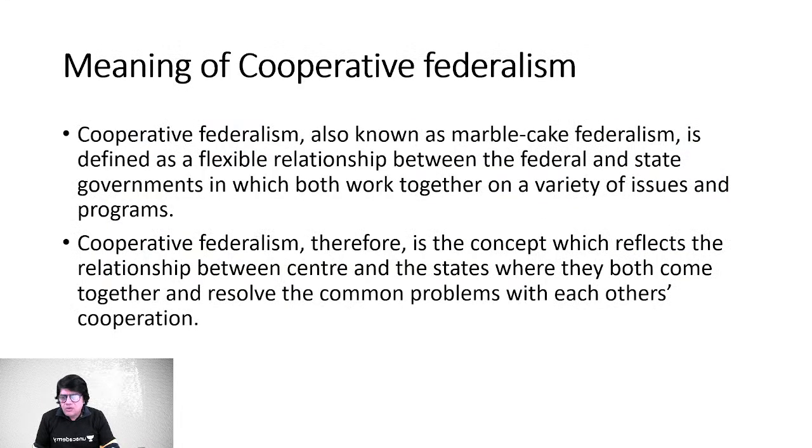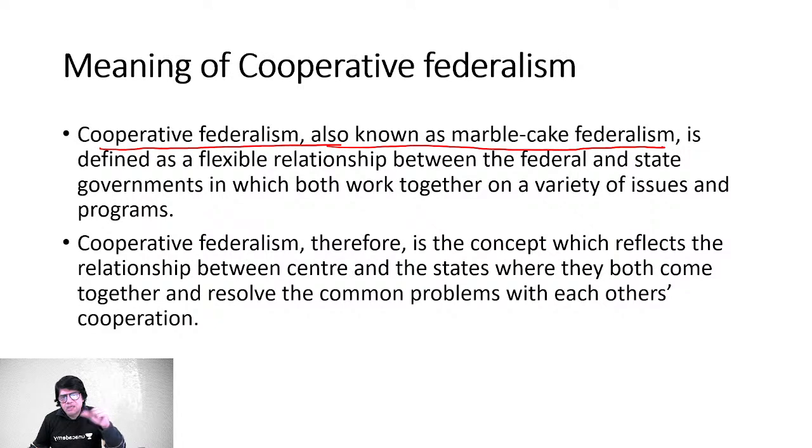So first of all, let us understand the meaning of cooperative federalism. जैसा कि हम यहाँ देख रहे हैं, it is also known as marble cake federalism. It's a marble cake.